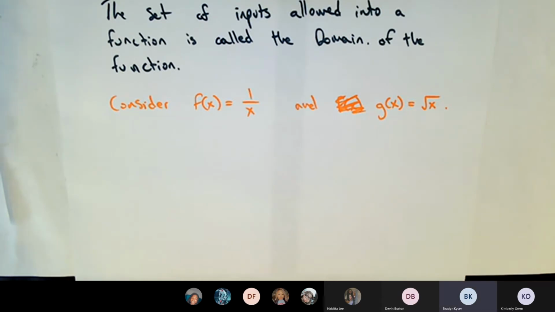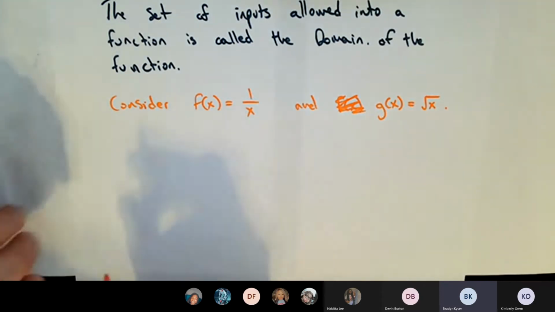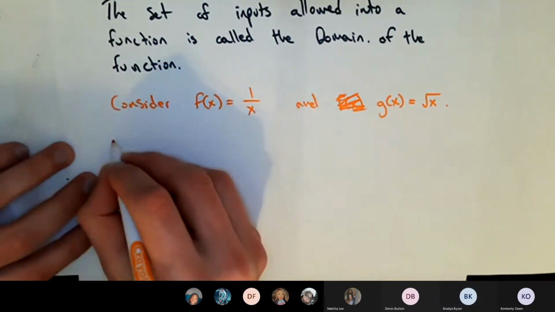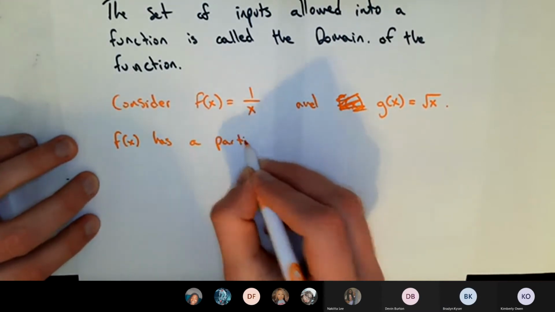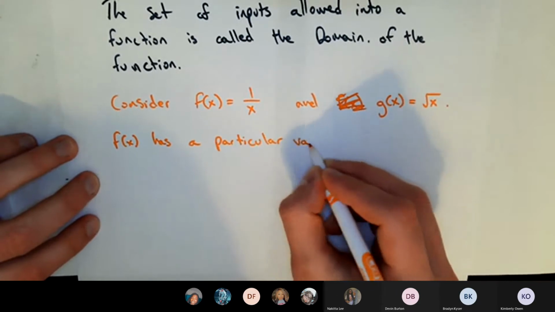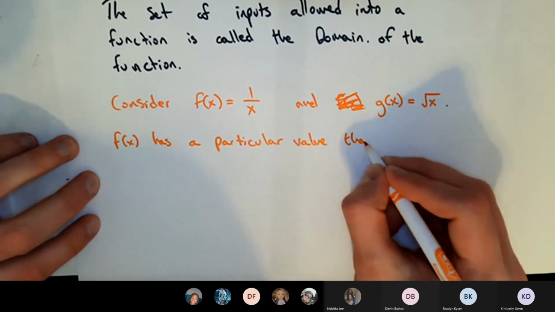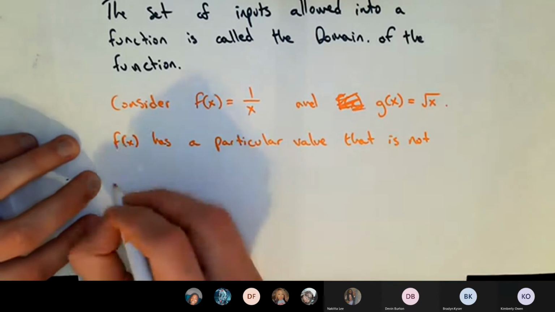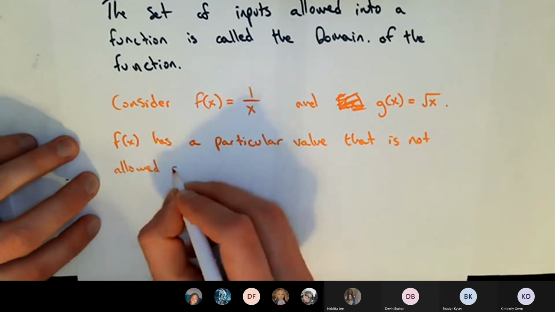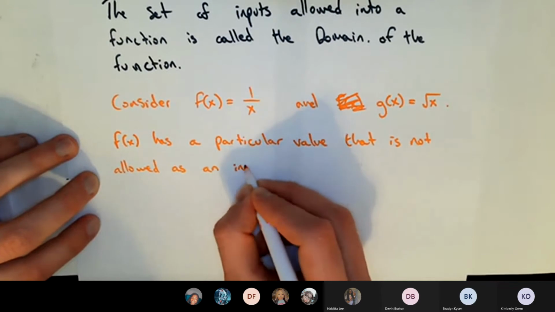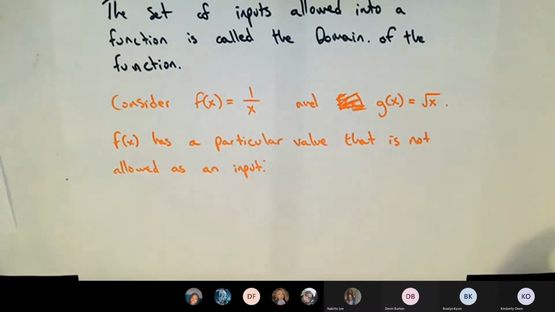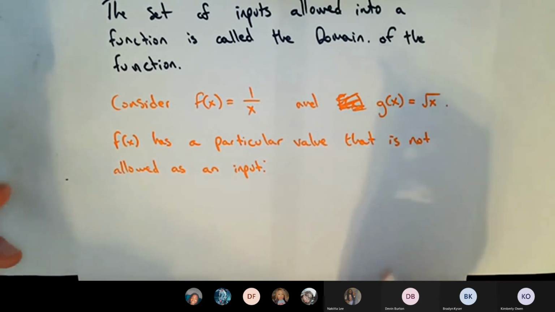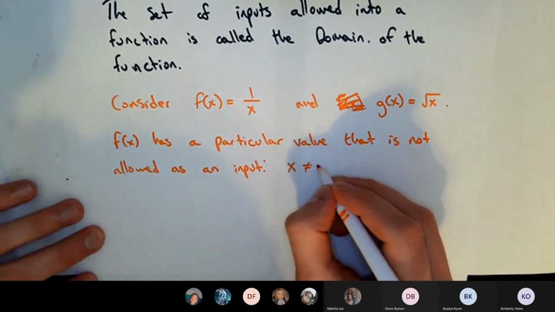So f of x has a particular value that is not allowed as an input. If you think about it, what cannot be plugged in for x here? Eventually you'd remember we can't divide by 0, so x cannot be 0.